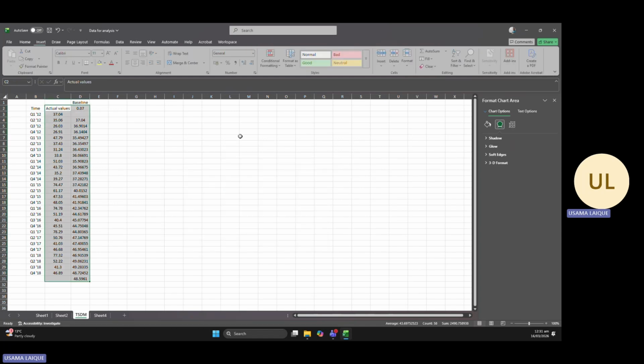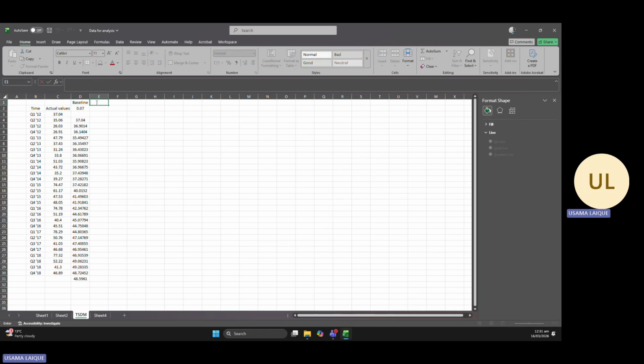Now, the next step in the trend adjusted exponential smoothing is to estimate what we call the seasonality index, and I'll simply call it SI, the seasonal index. So I'll write SI here, that's the seasonal index. Now, if you remember, what is an index?